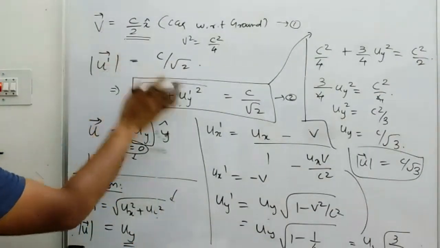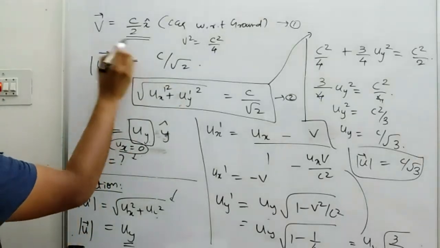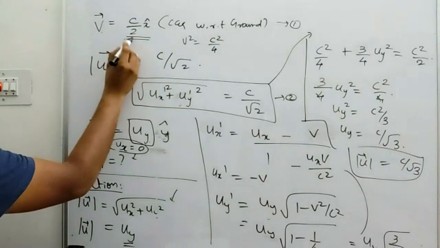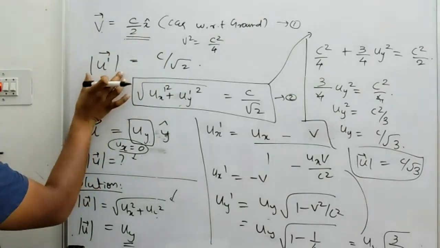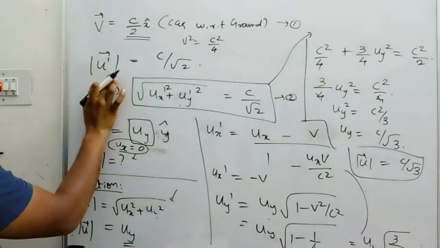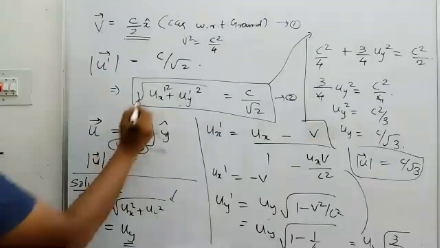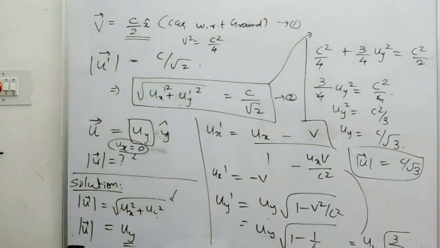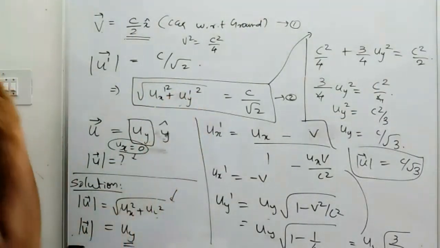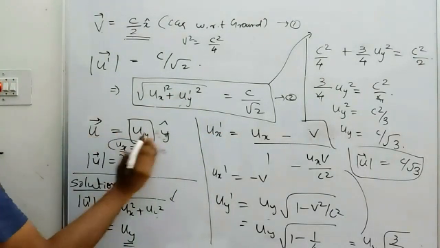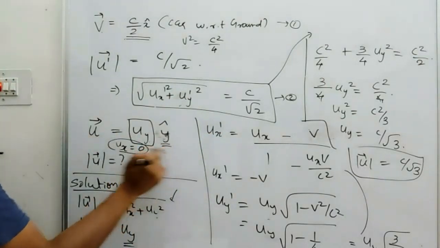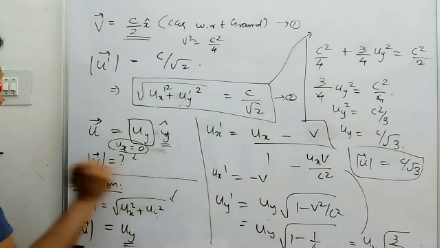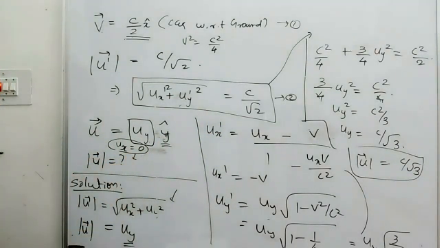But this is the way we do it. So I'll just explain the steps again. I'm just writing down all the things that I have. The velocity of the car with respect to ground is given, and the speed of the ball with respect to the car is given, but the components are not given. So we write it in this form: ux prime square plus uy prime square is equal to c by root 2. Is it correct? C by root 2. Okay, that's there. And it's given that the ball moves with respect to ground only along the y direction. So that means ux equal to 0, and the modulus is also equal to uy.